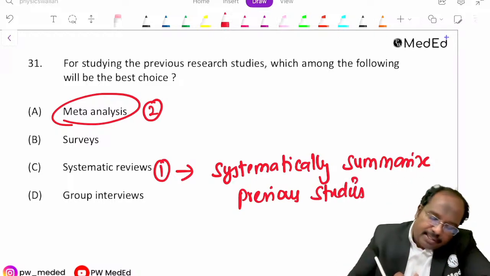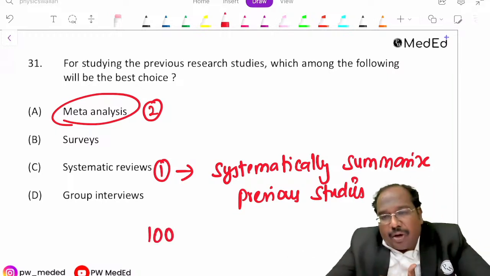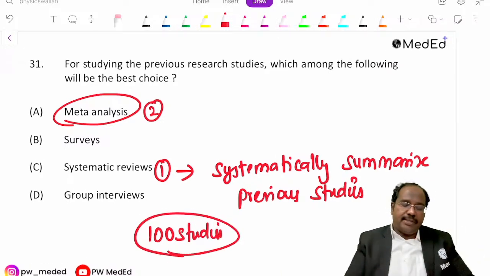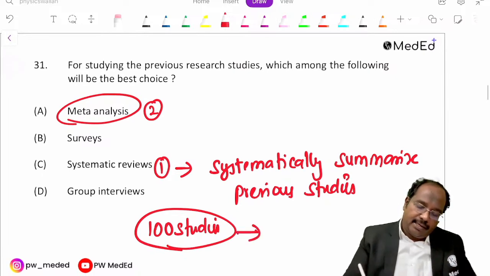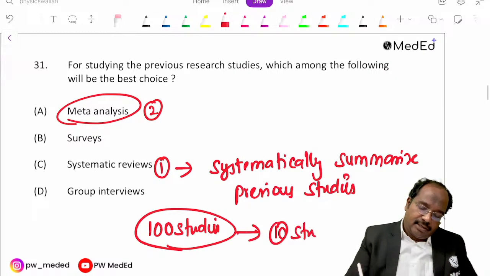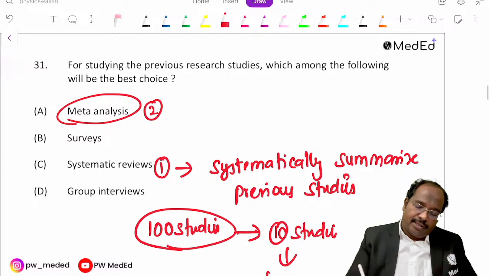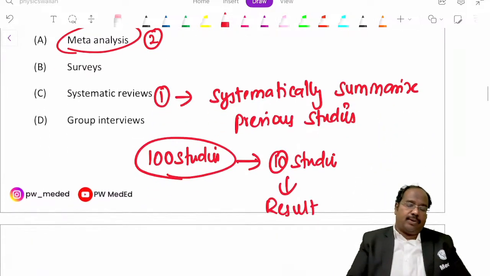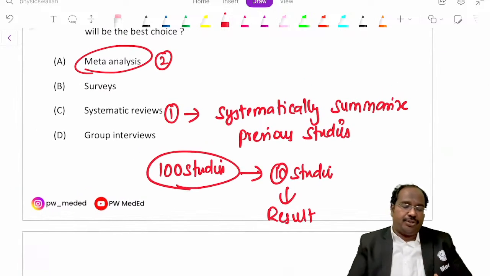I'm not going deep. Suppose on a particular topic I find some 100 studies. Based on the criteria I select 10 studies, and I show the result in a graph called a forest plot.